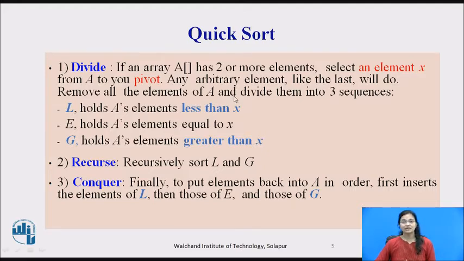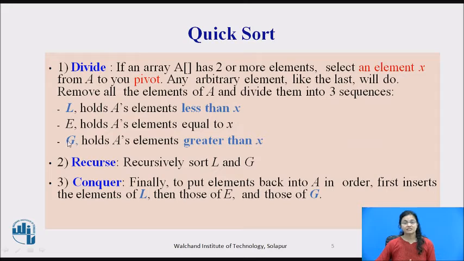Now after selecting the pivot, three subsections will be created. First is L, the numbers less than the pivot, which will be on the left side. Then E, the numbers equal to the pivot, will be in the E section.